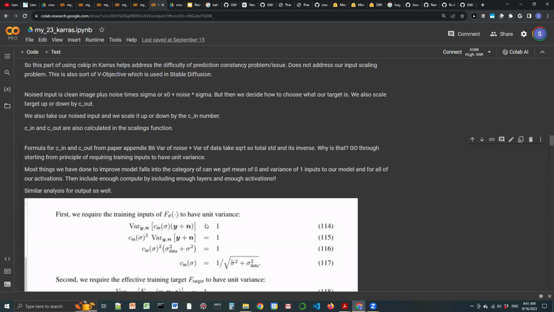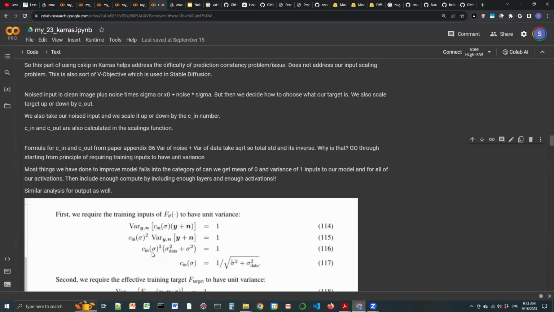So if you start off with this assumption, then the variance of this is nothing but Cn of sigma, which is just a number, so you square it to get the variance, times the variance of the noise image. The variance of y plus n is the variance of y, the clean image, which is the square of the data, plus the noise, which is sigma squared, because sigma is the standard deviation of the noise we are adding.